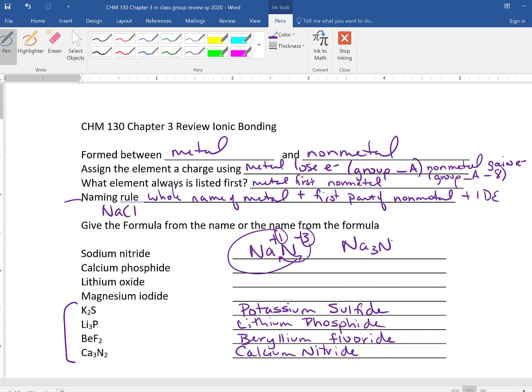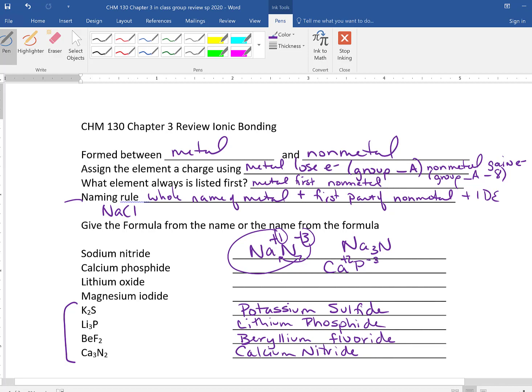Calcium phosphide. Calcium is Ca. Phosphide would be a P for phosphorus. Assign the charges. Calcium is in group 2, so it's plus 2. The charge on the phosphorus would be negative 3.